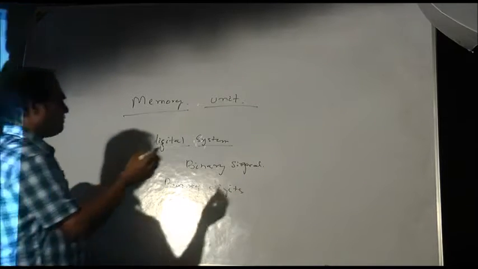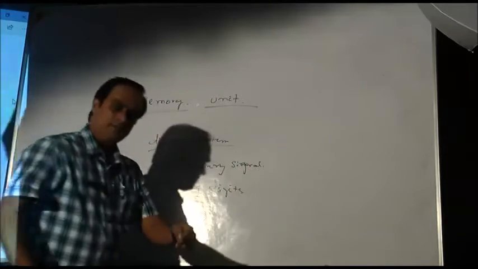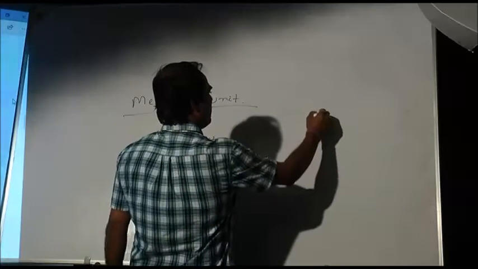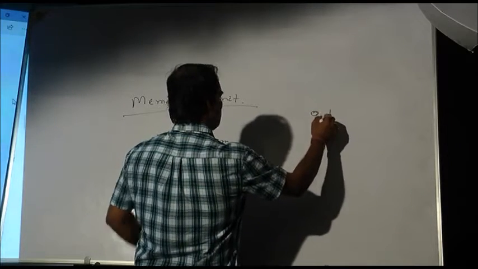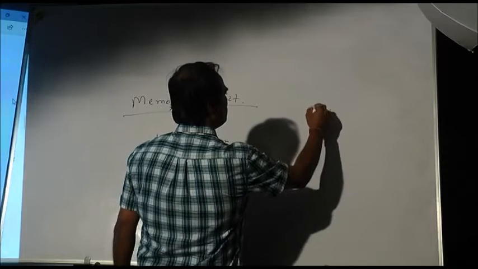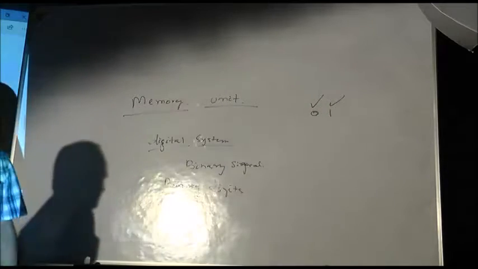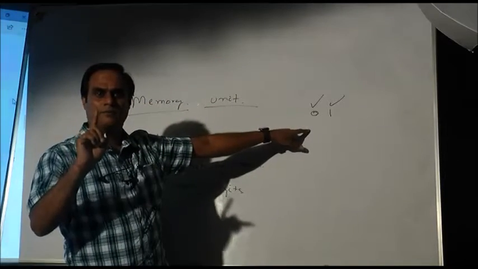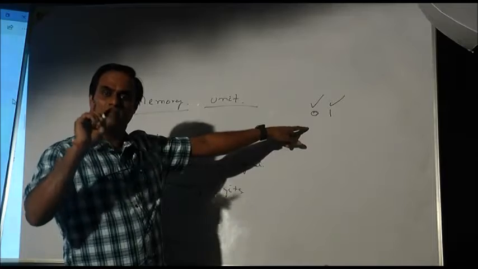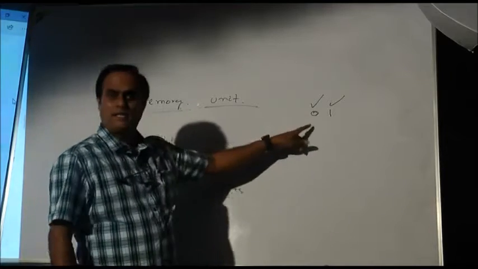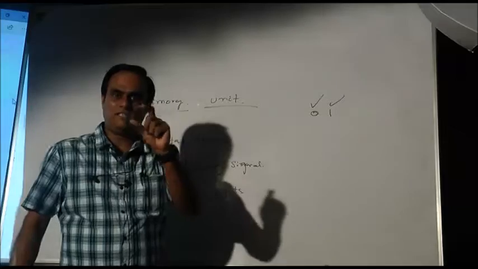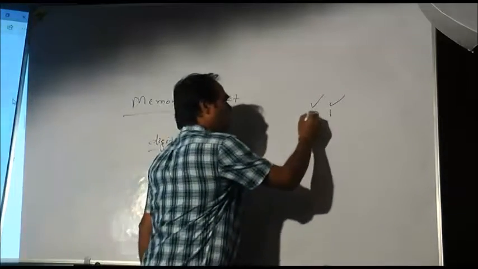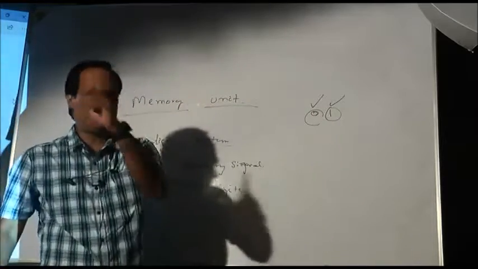Binary digits means, as per the number system, we have different number systems. The binary number system has only 2 digits, that is 0 and 1. As a computing system, the computer only understands the binary signal, that means only 0 and 1.